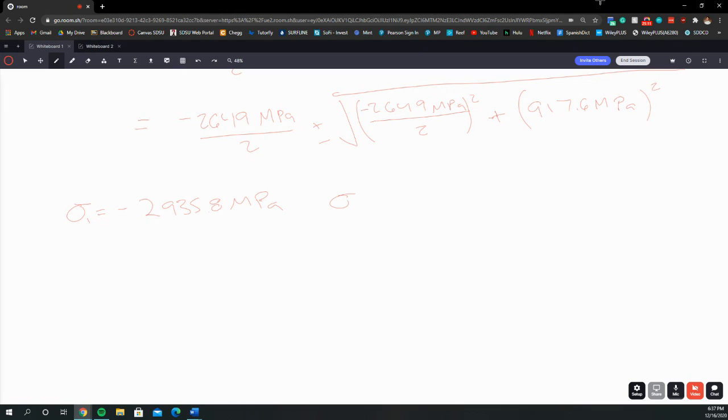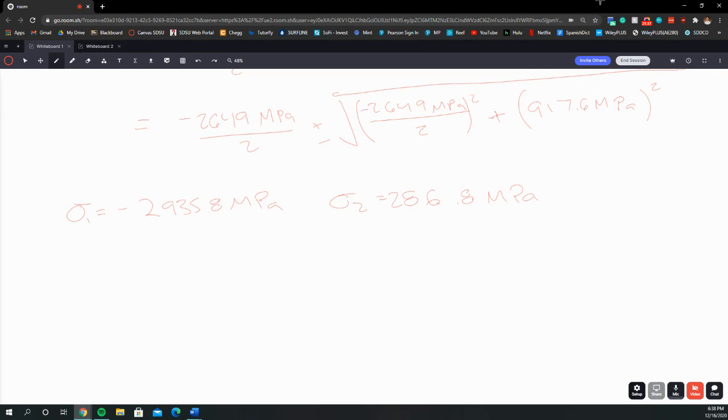Sigma 2 equals 286.8 megapascals. And if you remember Mohr's circle, these are on the opposing sides of the circle, and therefore the radius is going to be the maximum shear stress.